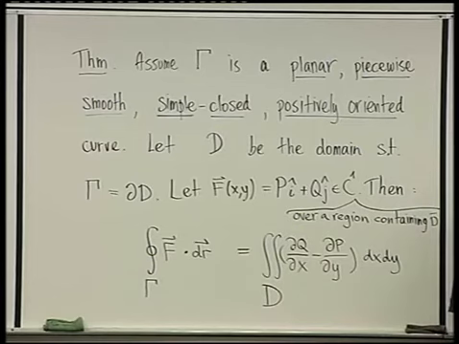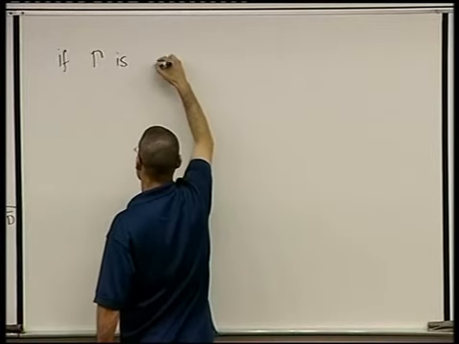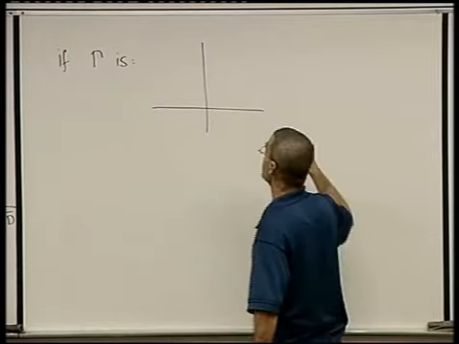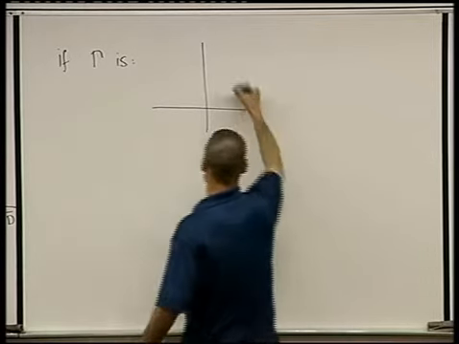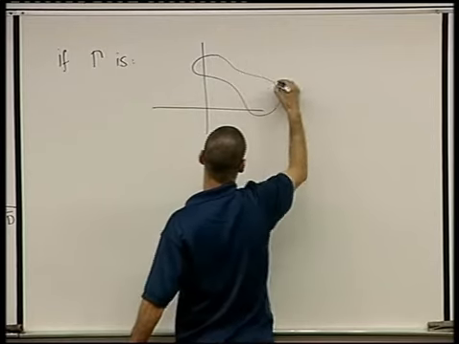So, if gamma is anything that does not circle the origin, for example, this thing. This is gamma.